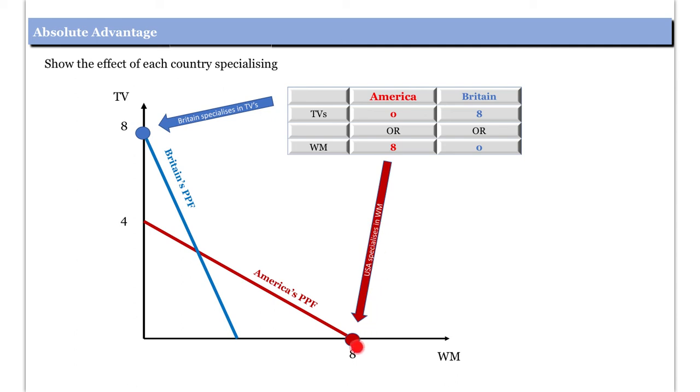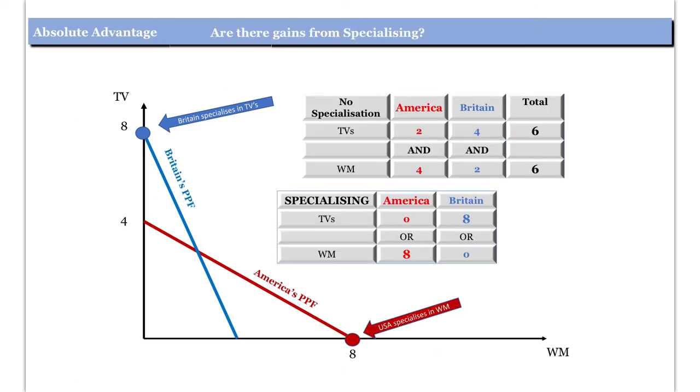America, on the other hand, will specialize in washing machines. You see, they can produce 8. Britain could only have produced 4. And so if countries specialize, they are going to produce 8 televisions in Britain and 8 washing machines in the US.